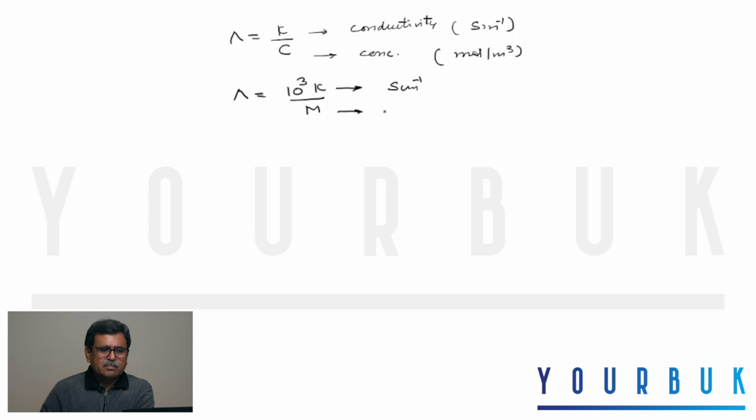And this is the molarity in moles per liter. So put the value of the molarity as it is in this formula, and this 10 raised to power 3 will take care of the conversion of liter into centimeter cube. And this lambda gives the units of Siemens centimeter square mole inverse. So use this formula when you're solving the numericals on molar conductance, and don't use the other formula.